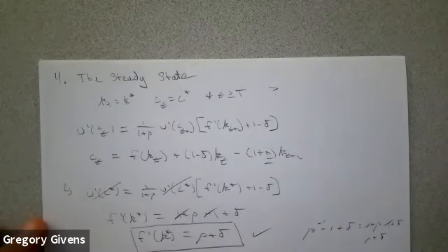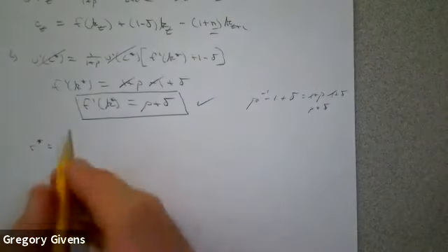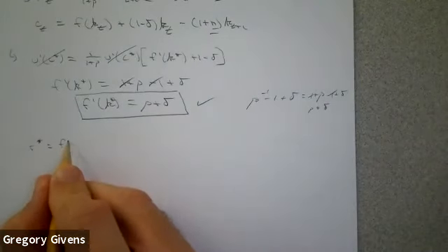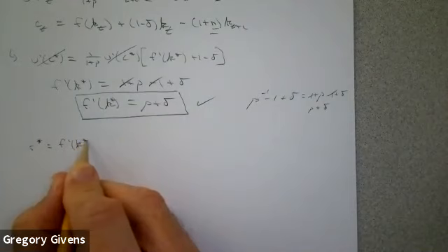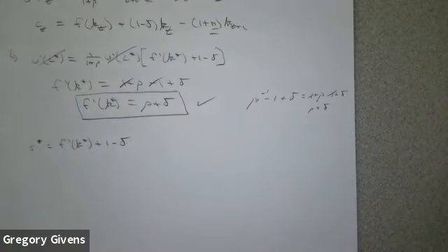What's the steady state value of the real interest rate? That should be equal to f prime of k star plus 1 minus delta, right? R is equal to f prime of k plus 1 minus delta. So R star should be f prime of k star plus 1 minus delta.